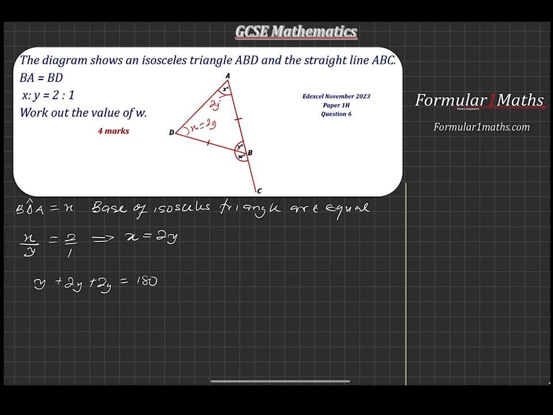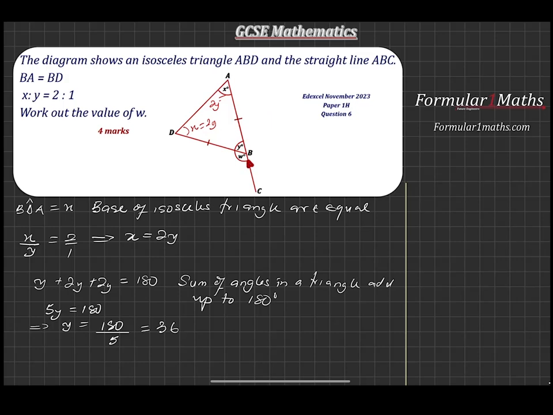And we can state the reason as sum of angles in a triangle add up to 180 degrees. We can now solve for y here. And if we solve for y, we are going to get 5y is equal to 180. And this implies that y is equal to 180 divided by 5. And that will give me 36.